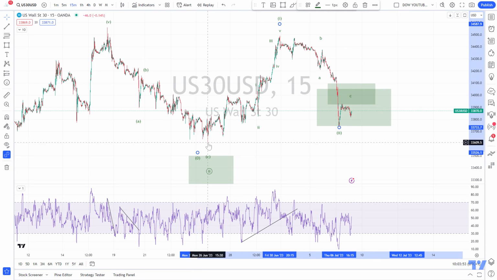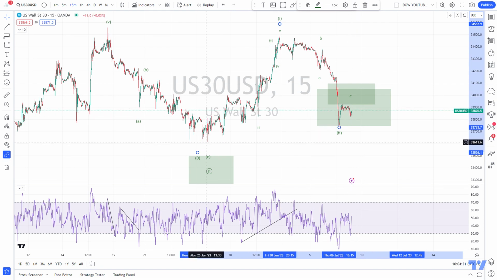So if we break this low, it would mean that this was not a wave 1 and this was not a wave 2. So there is a clear setup here for a long trade. Now it's just up to you if this fits in your trading style, in your risk management, if your risk reward is high enough, entering here against this low.